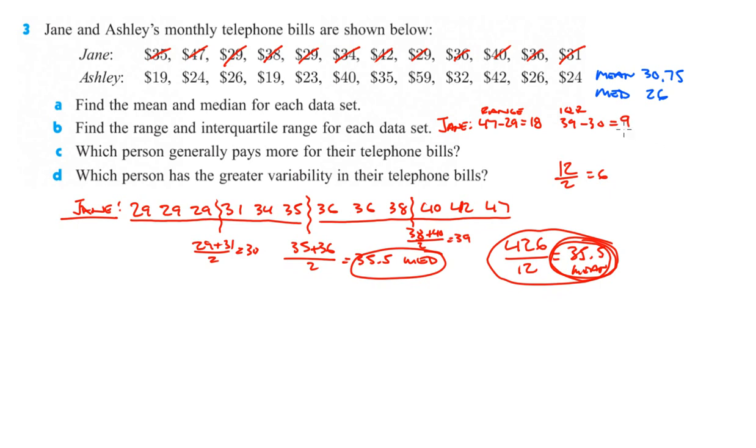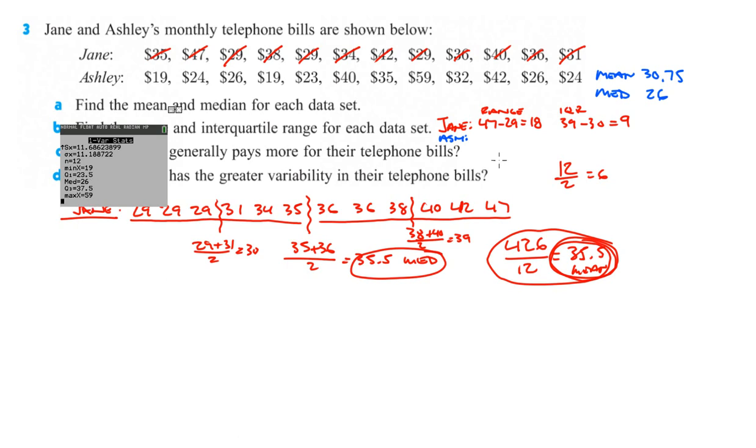Okay, so that's Jane's. Now for Ashley, who we've got on the calculator, it will give us the quartiles. So 23.5 to 37.5. So this is Ashley. Our regular old range we can find out too by taking the maximum minus the minimum.